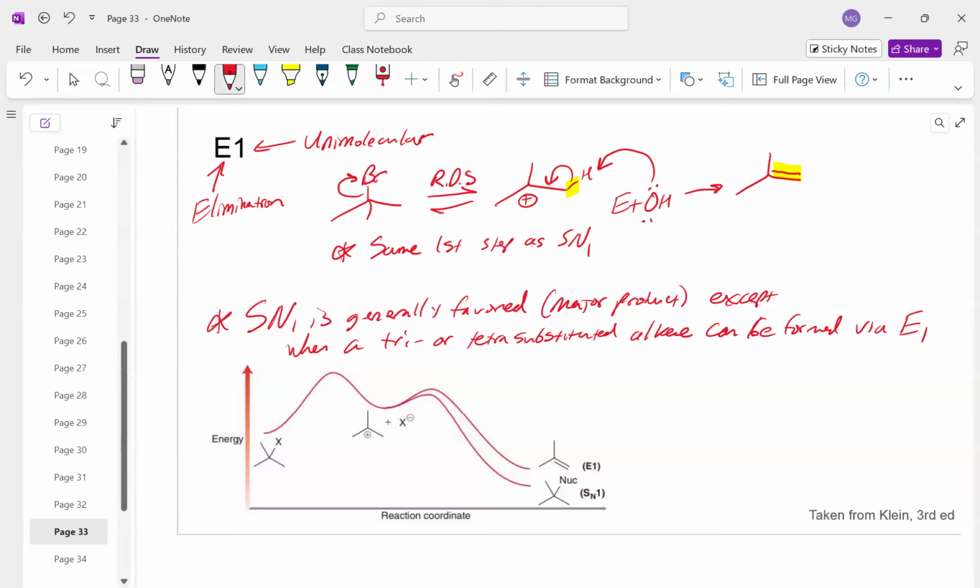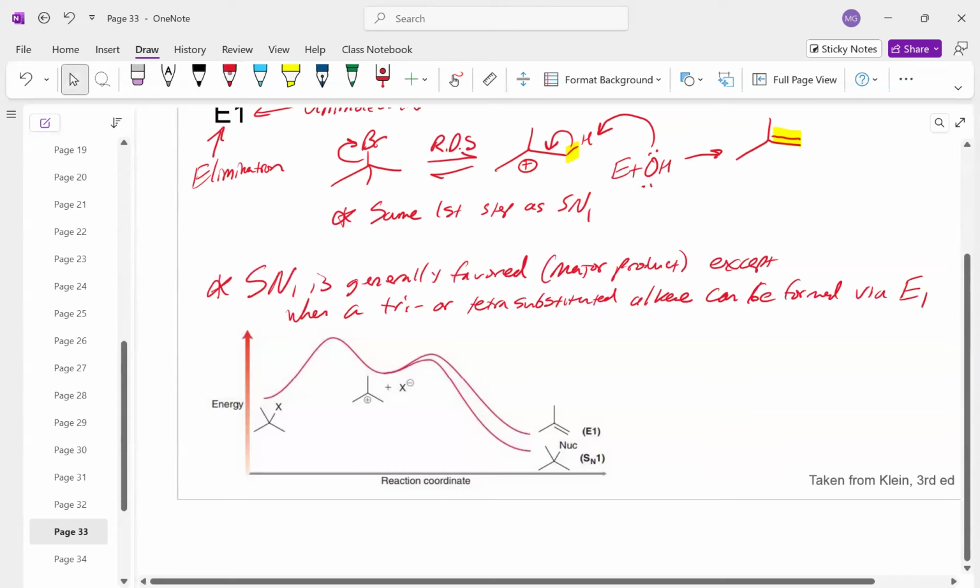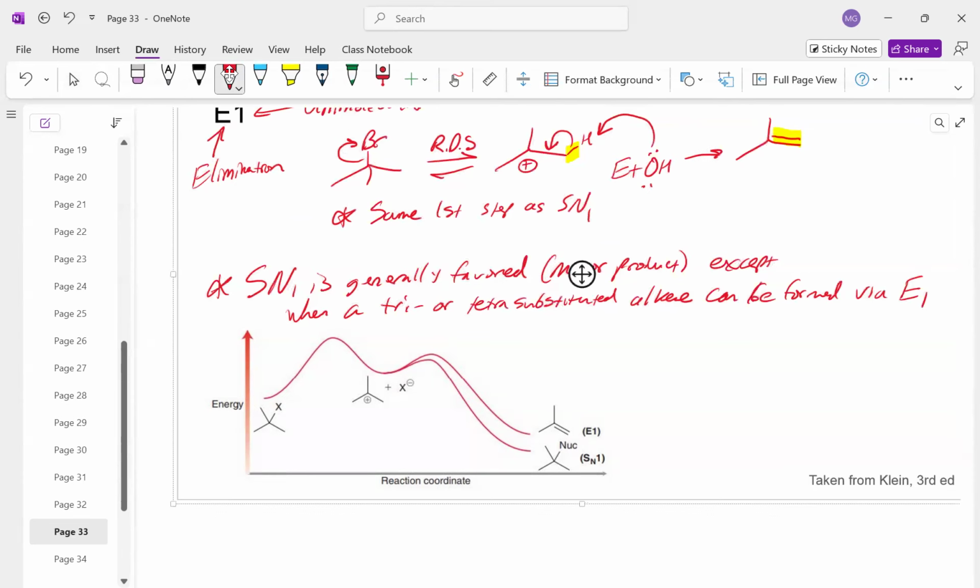So if we look at this energy diagram here, the energy of the rate determining step is the same. So the activation energy is the same for E1 and SN1. So what's the difference then? The difference happens after the carbocation is formed.